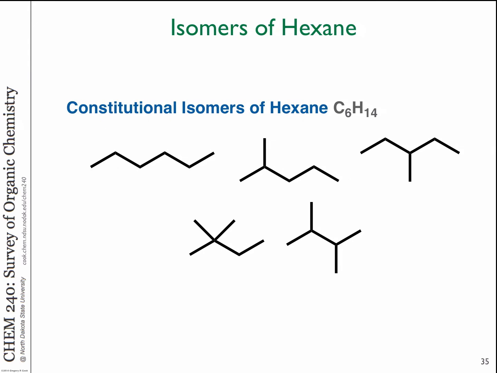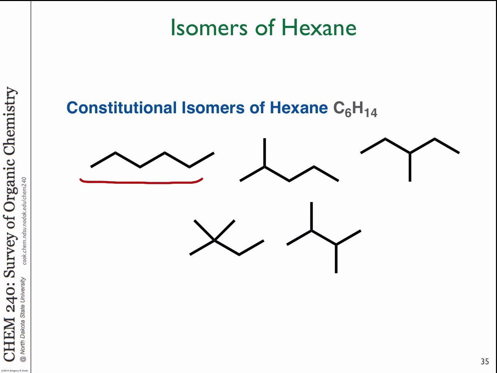For example, here's the 6-carbon chain, hexane. If you take the 6-carbon chain, there are 5 different ways you could arrange those carbons, all with the same molecular formula but different structures. Notice hexane here on the left is just the linear, normal hexane, 6 carbons in a row with the rest being hydrogens.